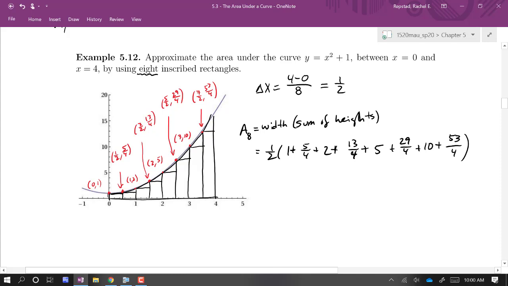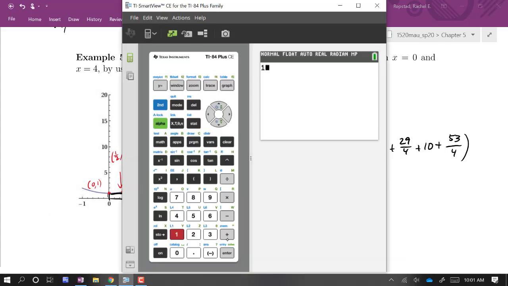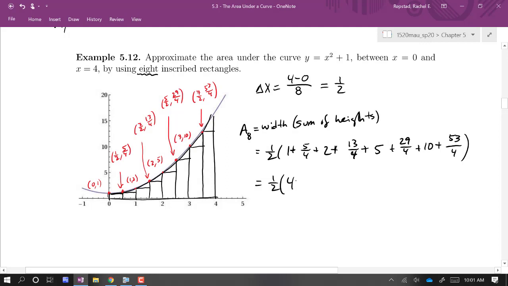Notice I'm using 8 inscribed rectangles. There should be 8 heights here, so you could just double check that you have them all. And there are 8 heights there. And if we add these up, we get 43. Cutting that in half gives us 21.5.